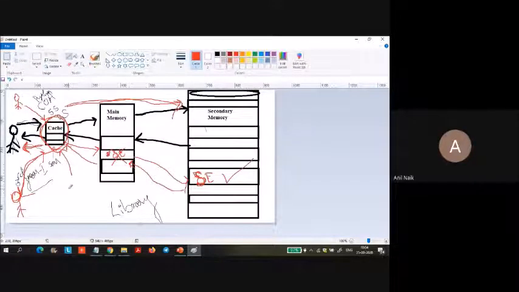Hierarchy means this is the small memory, the cache memory. After this, the main memory will come. This diagram is horizontal, but you just imagine it vertical.